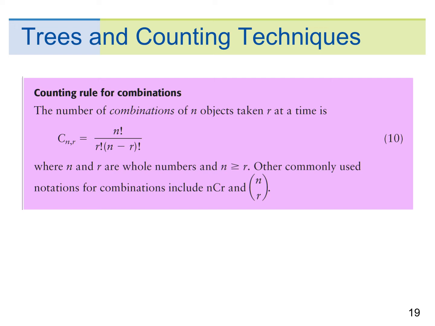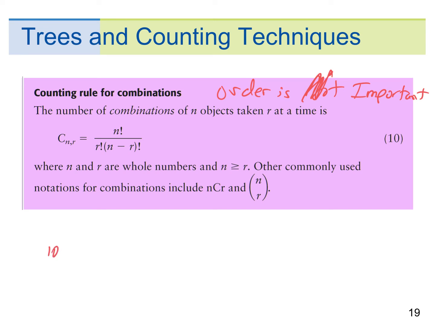Order is what? If one of them is order is important, what's for combination? Not. Order is not important. Not. A combination is always smaller, okay?